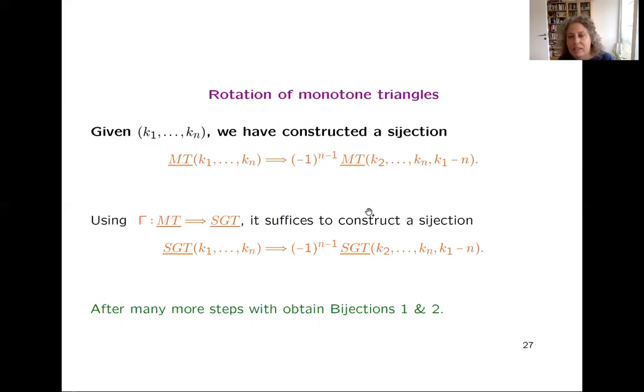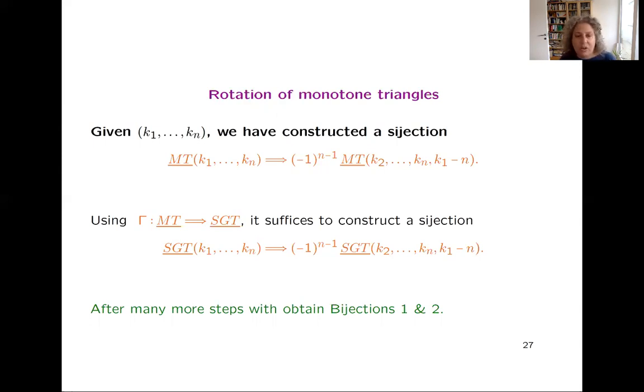The way we do this is that it suffices to show this for shifted Gelfand-Zetlin patterns. It's also complicated, but it's doable at least. These two are probably the main ingredients for bijections 1 and 2.